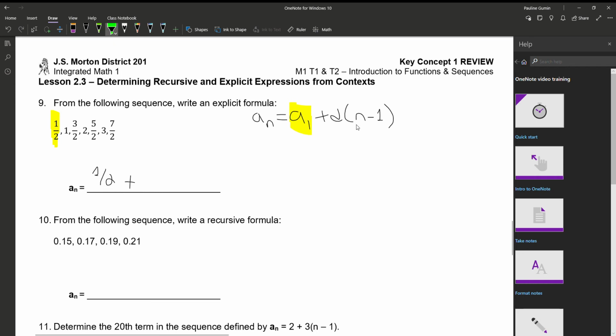The next thing we have is letter d. d is our common difference. So to get from 1/2 to 1, I add 1/2. To get from 1 to 3/2, I add another half. So our common difference is also 1/2. Very coincidental. And we just have n minus 1 here. We're just writing the formula.